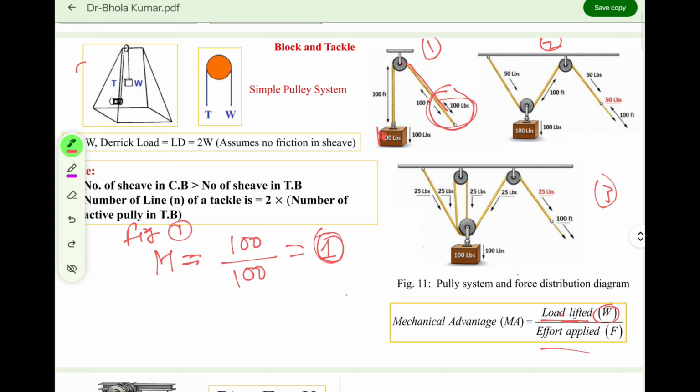Now if you observe figure 2, this figure I am talking about, in this case the same W amount of weight, the same 100 lb of weight that is lifted, is distributed into two lines, right? Two lines. So can I say this line will experience 50 lb of load and this line is going to experience 50 lb of load?